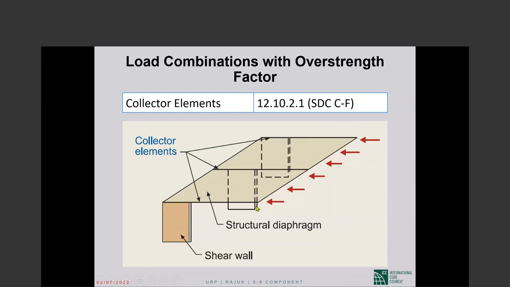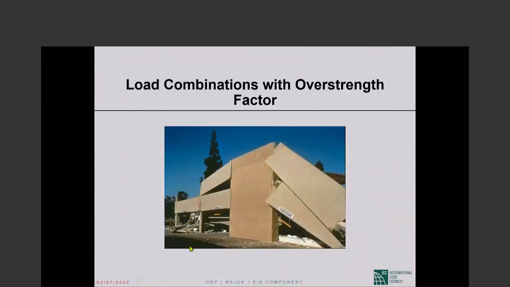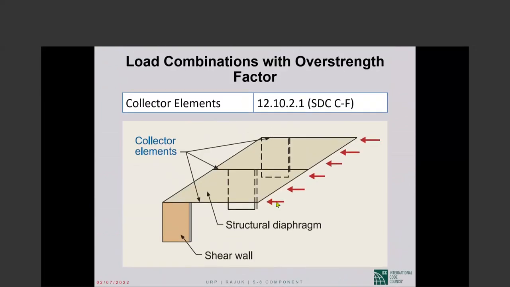But we have a situation where we have a 50-foot diaphragm edge and only 20 feet of shear walls. What happens now? You have to have something, a beam or at least a bunch of reinforcing bars that will collect the shears and then deliver them to the shear wall.